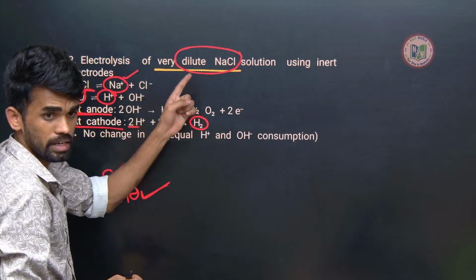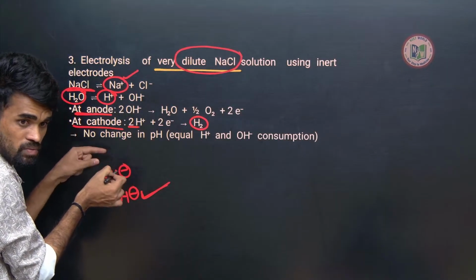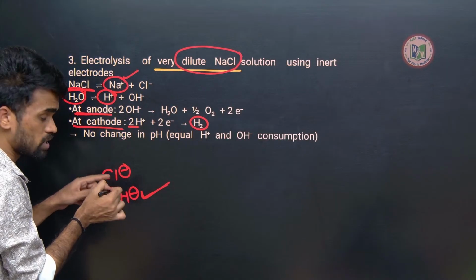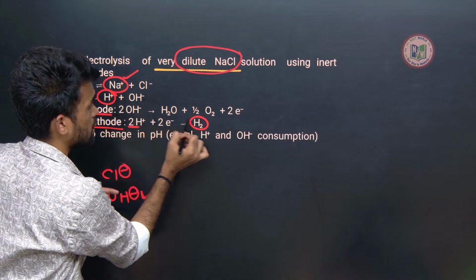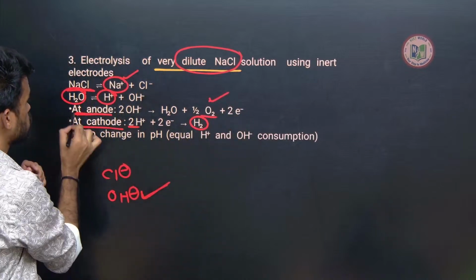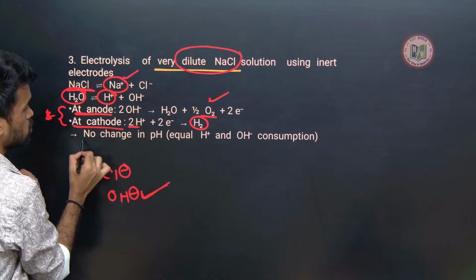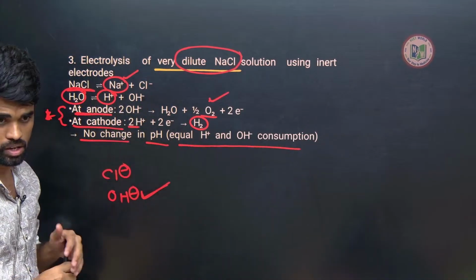Dilute means the concentration of Cl minus ions is less when we compare with OH minus, so which ion will discharge first? That's why oxygen gas is released. You need to remember this. No change in pH, since equal numbers of H plus and OH minus are consumed here.